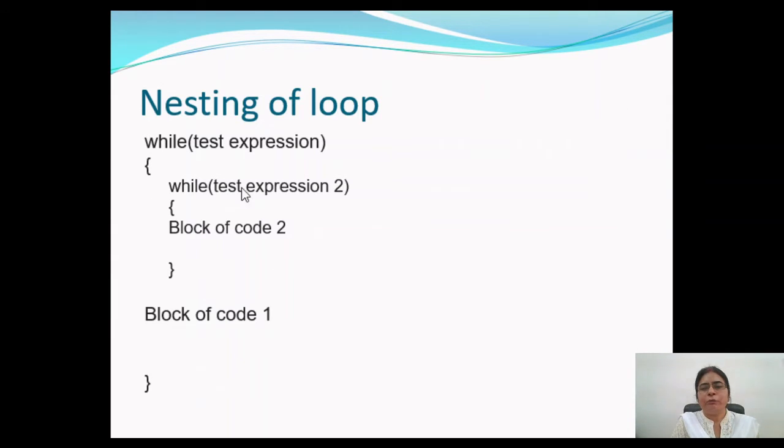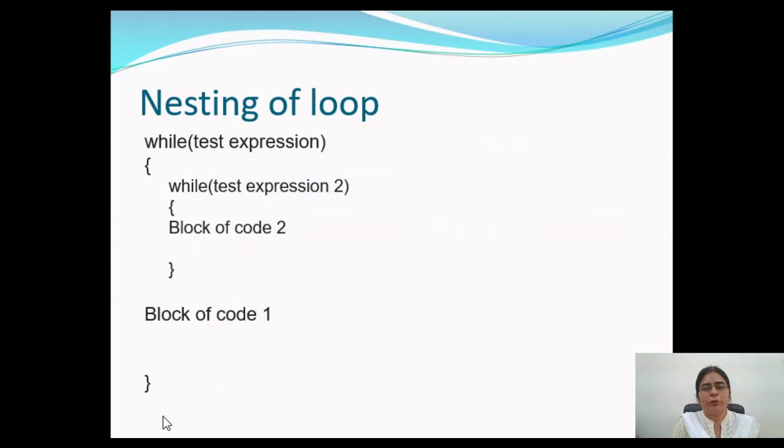We have embedded one while loop within the block of another while loop. Here, the while loop with the block starting with this bracket and ending with this bracket is the outer while loop, and it works on the test expression. And we have the second while loop with test expression 2, which is embedded within the block of this outer while statement.